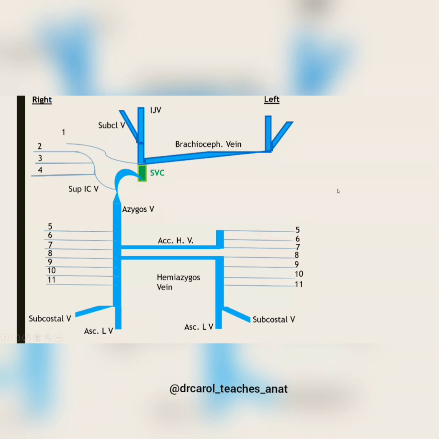What about the intercostal veins 1 to 4 on the left side? The first posterior intercostal vein drains directly into the left brachiocephalic vein, whereas the posterior intercostal veins 2, 3, and 4 will form the superior intercostal vein on the left side, which also drains into the left brachiocephalic vein.